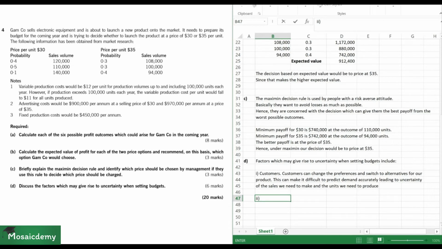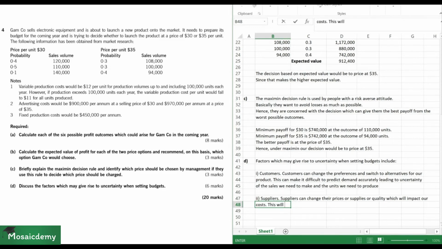Okay. Part 2, number 2, suppliers. Let's just continue with that theme. Suppliers, right? So people we're selling to, now people we're buying from. Suppliers can change their prices or supplies or quality, which will impact our costs, right?